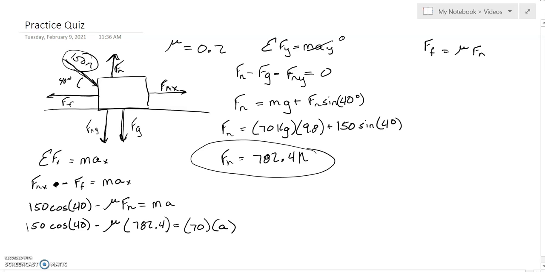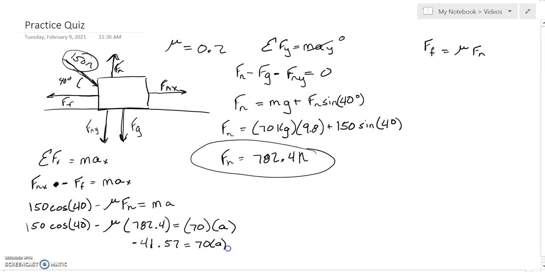Now we just have to do math. So now let's all put this into our calculators here. 150 cosine of 40 minus 0.2 times 782.4. That equals negative 41.57 equals 70 times a.